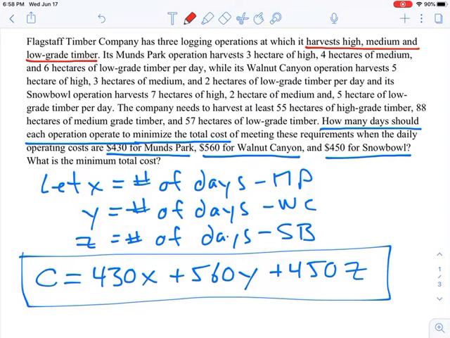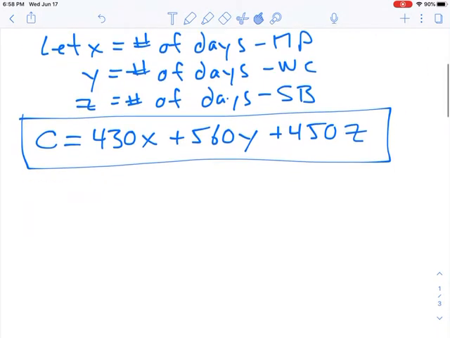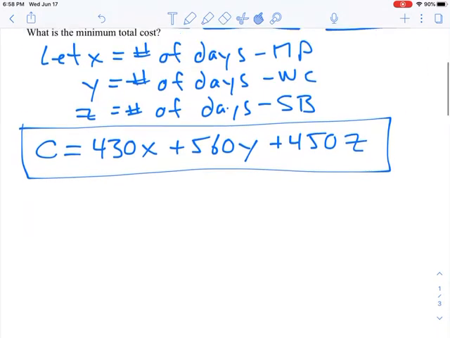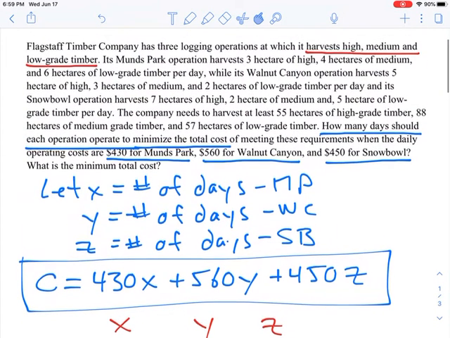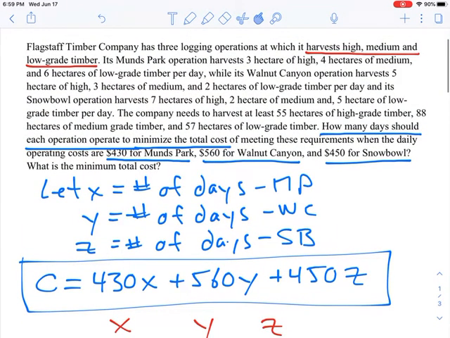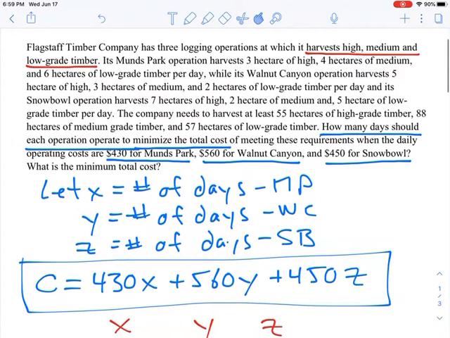And so I kind of get the idea of what's going on here. Looks like what I'm going to have to do is I'm going to have high grade, medium grade, and low grade. And then each one of the locations is going to be harvesting some of that high, medium, and low. So kind of setting up a little table here. And so going back to Munds Park has 3 high, 4 medium, 6 low.